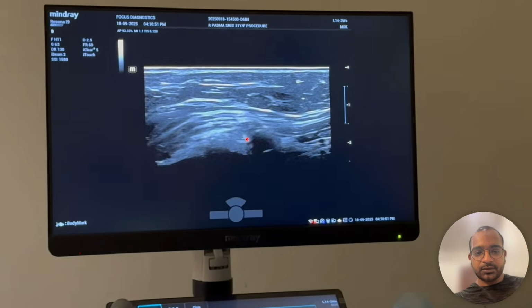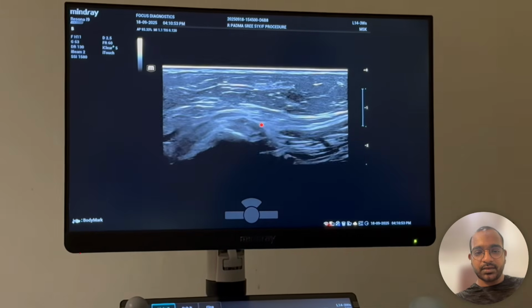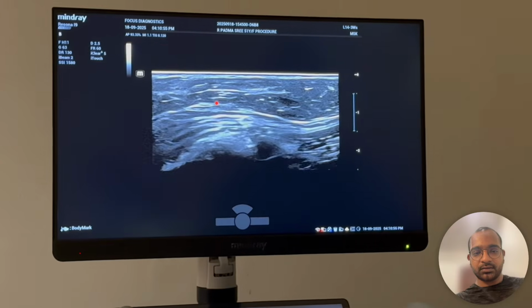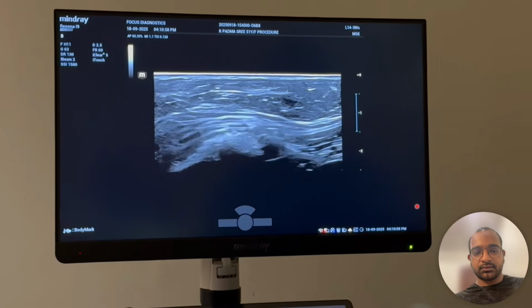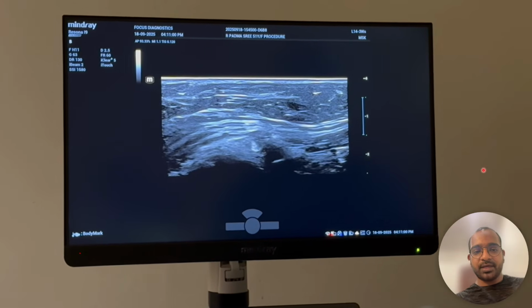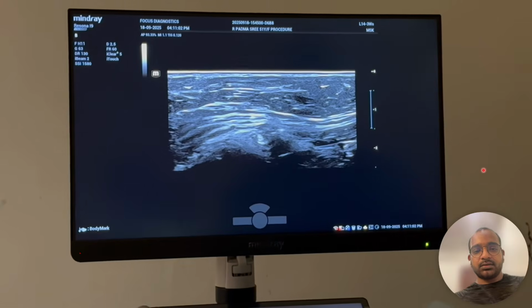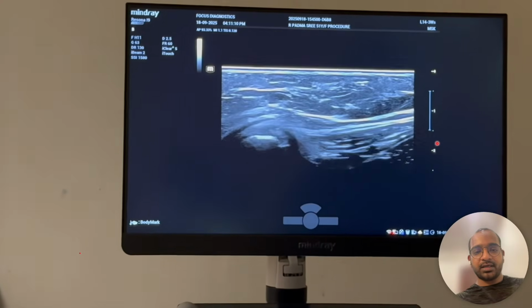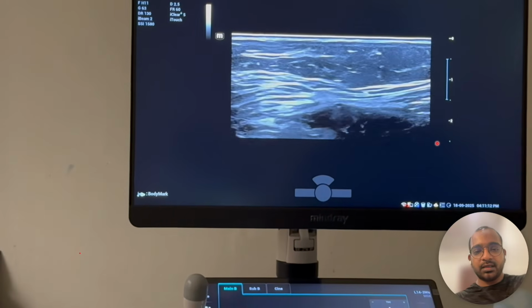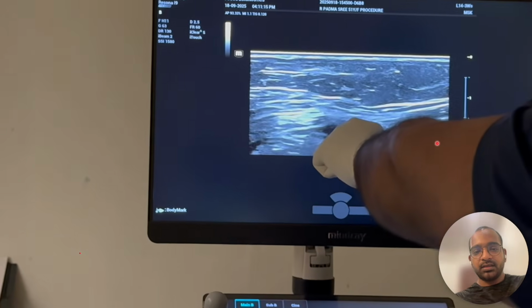You can see the normal honeycombing appearance on cross section of any nerve. Once we identify that nerve, then I'm going to put my needle.